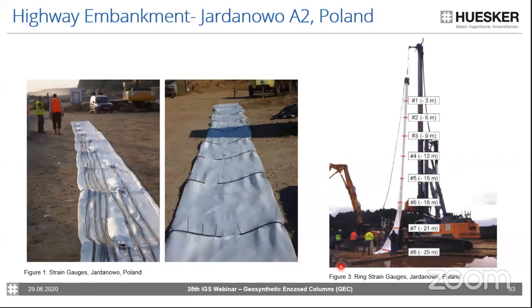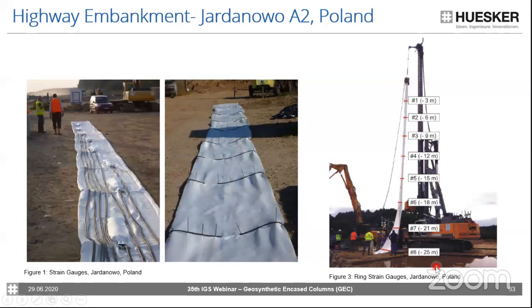This project also gave us great insights in the working mechanism of the column, because a lot of instrumentation has been installed. Like you can see some strain gauges and also some strain gauges in ring direction. And this picture also gives you a good idea of the scale of 30-meter long columns.